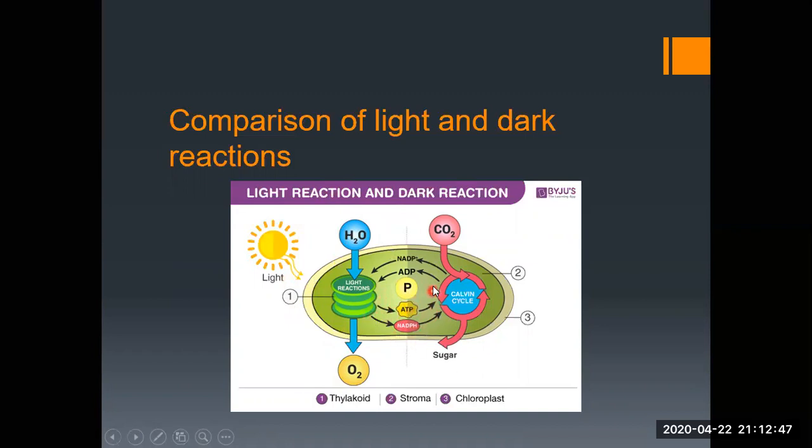In the stroma, the Calvin cycle takes place, and carbon dioxide is fixed with a five carbon compound. It is converted into a six carbon compound and then split into three carbon compounds. One three carbon compound is used to generate sugar, while the other three carbon compound is used to regenerate that five carbon compound. And this energy, ATP and NADPH, is utilized, producing NADP and ADP as products.